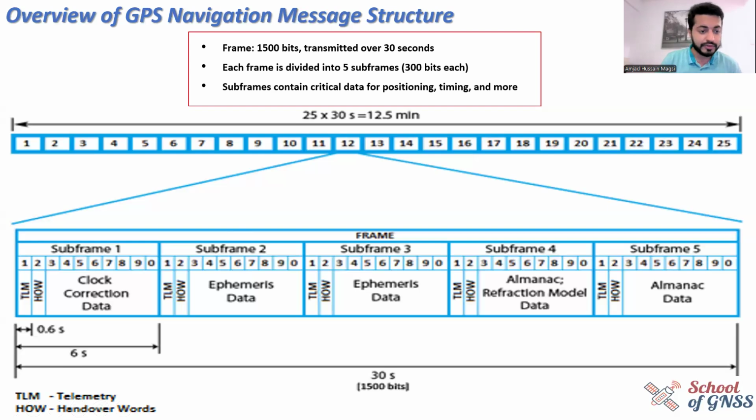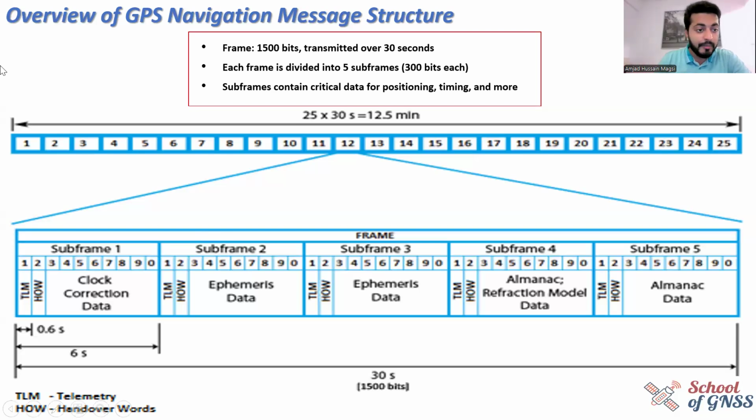We have five subframes, so 5 times 6 is 30 seconds. This complete frame needs 30 seconds from satellite to receiver. Each subframe contains 300 bits, so the total is 1500 bits for the complete frame.